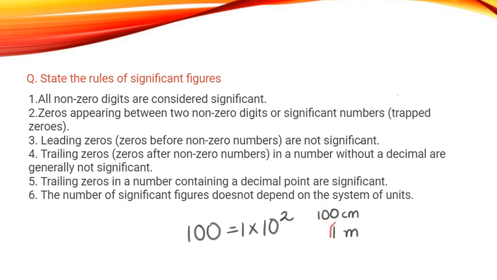Suppose instead of 1, let's take another example. Suppose you have 200 centimeter, then in meter if you convert, it will be 2 meter. So can you see this 2 is important here? So this 2 is your significant figure.